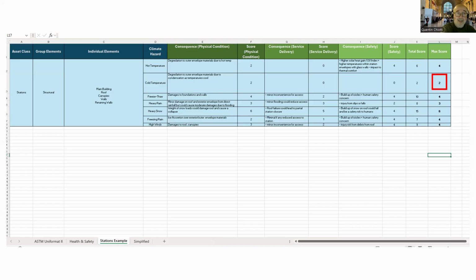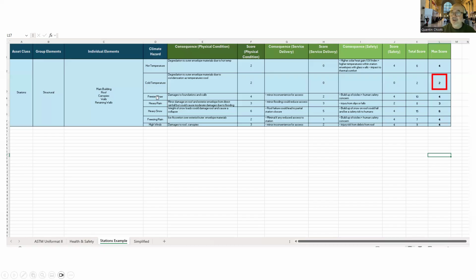So bundling all of those individual elements into stations, subject matter experts such as yourself and the real ones would then look at 7 climate hazards: hot temperatures, cold temperatures, freeze thaw cycles, heavy rain, heavy snow, freezing rain, high winds.